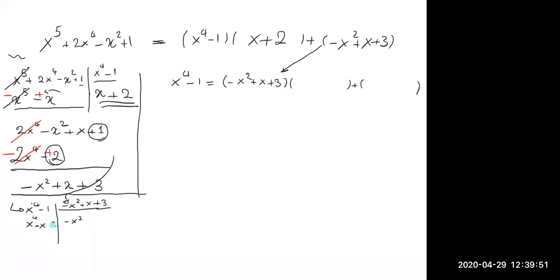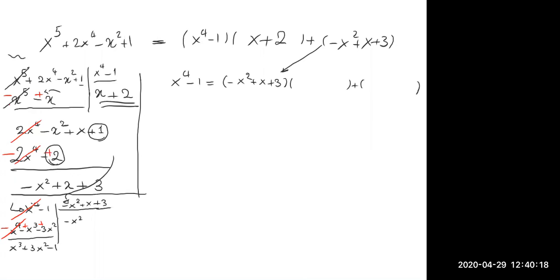Maybe I should write it a little bit on the left. Let's change the signs. Minus, plus, plus. These would cancel each other. I would get x cubed plus 3x squared minus 1.